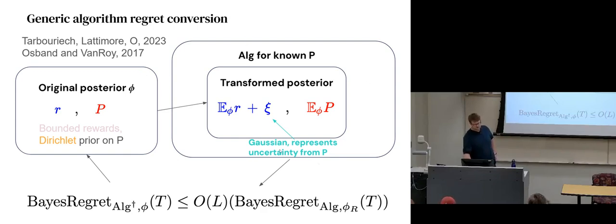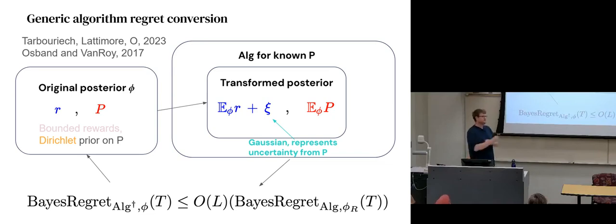For any algorithm that works in the Bayesian case, if you get Bayesian regret for the known P case, you can just do this procedure where you move the uncertainty from P into R, and run this algorithm on the known P case with this extra uncertainty in R. Whatever Bayesian regret you would get in the known P case, you just multiply that by a constant that depends on L, and that'll give you a Bayesian regret implication for the original posterior. Yep.